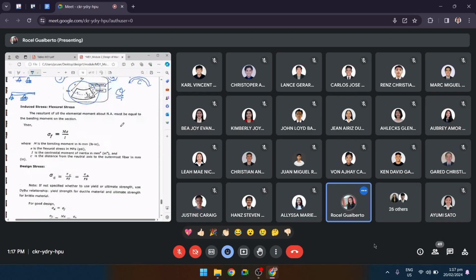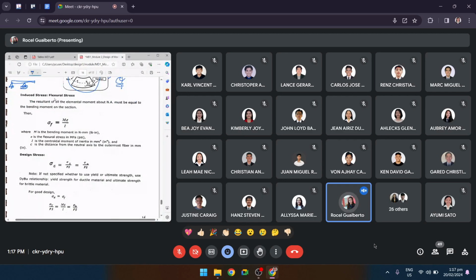The flexural stress is your bending stress. This is your induced stress, and the flexural stress is simply equal to MC over I. Just to recall, flexural stress equals MC over I. So where can you obtain the value of M, the C, and the value of I?